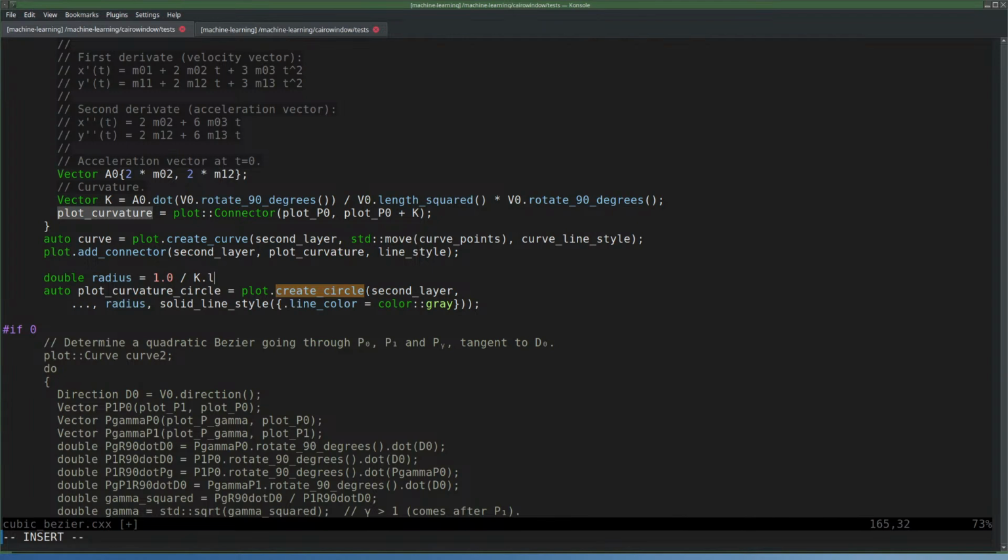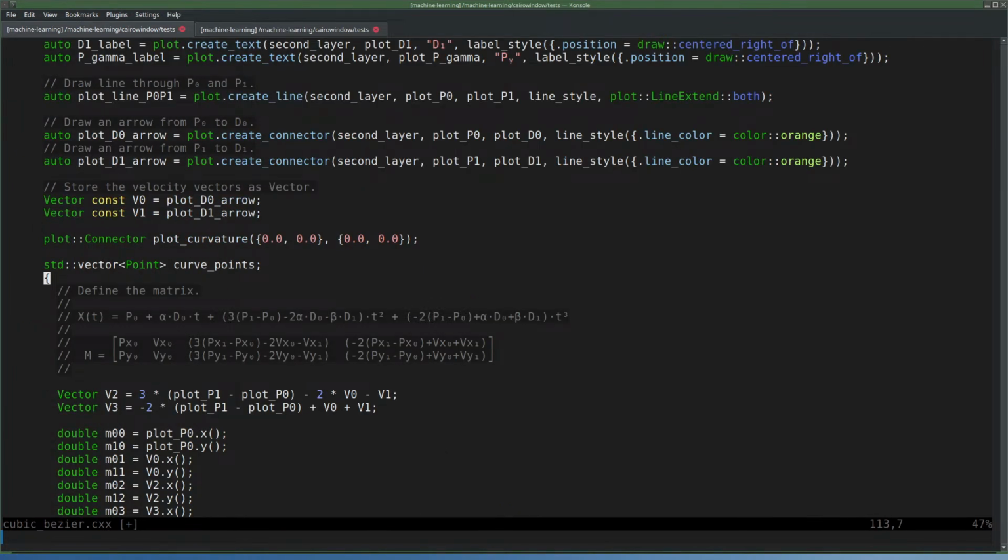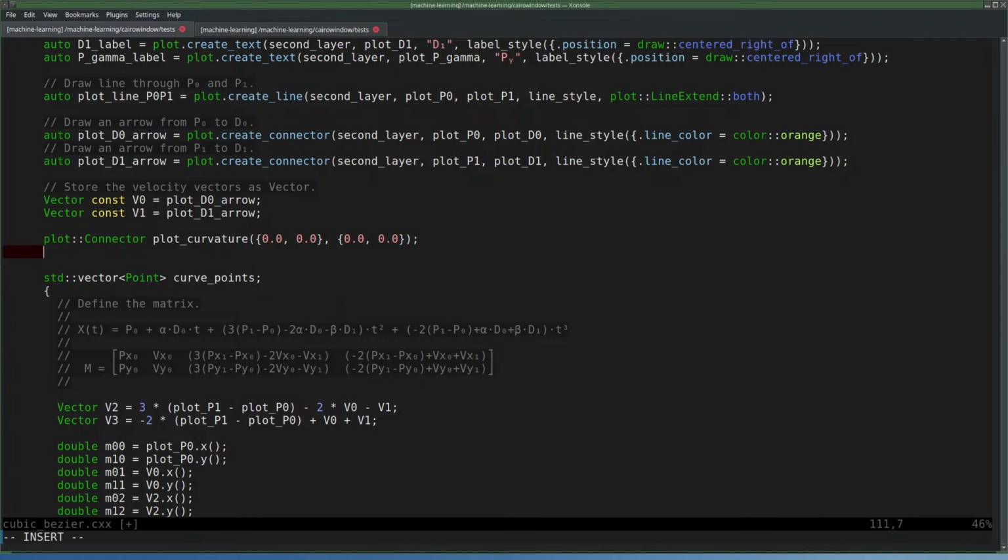But afterwards I don't have my k anymore. That's very annoying. So I need k, sorry. Let's declare that also outside the scope. It's called k0, the curvature in point 0.